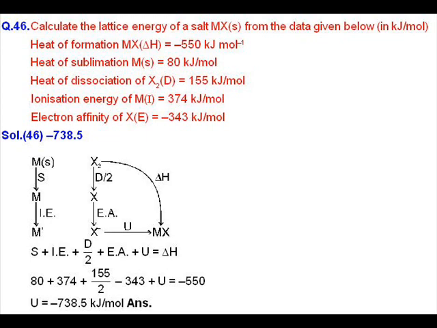And the final step is when both the ions are brought together, then energy will be released, which is known as lattice energy.